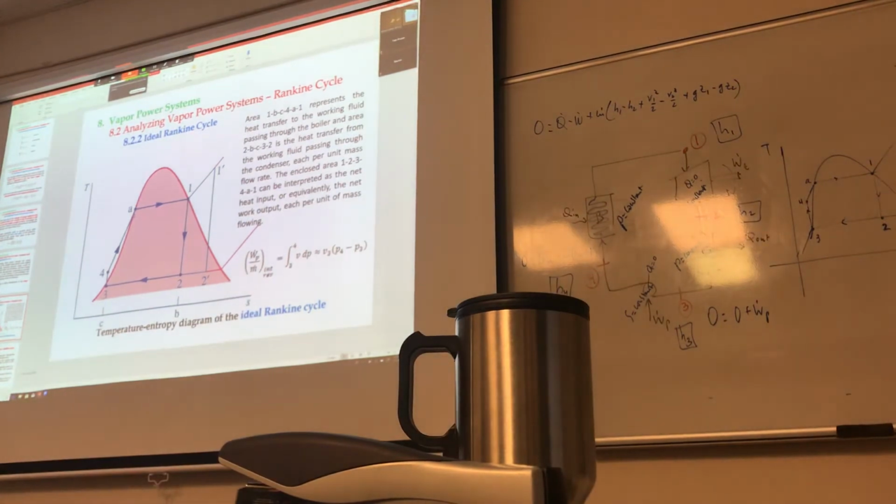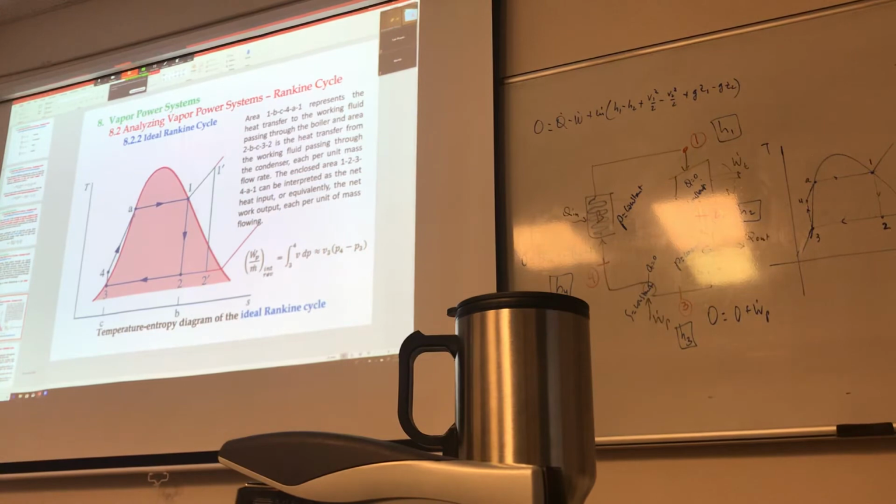What does the area under the PV curve represent? Plot the pressure, that's work. It's work. And T versus S represents? What's the cousin of work? Heat. No? So P and V gives you work, T and S gives you heat.